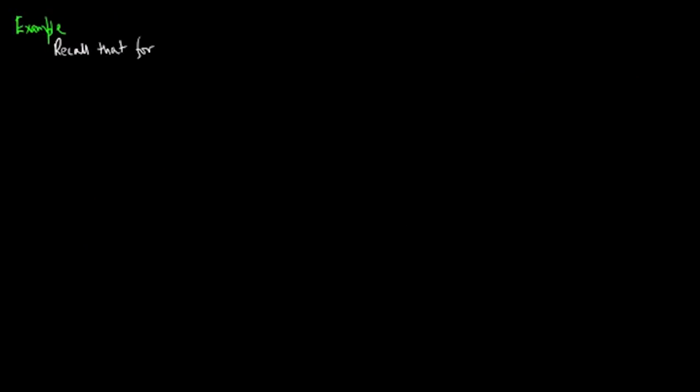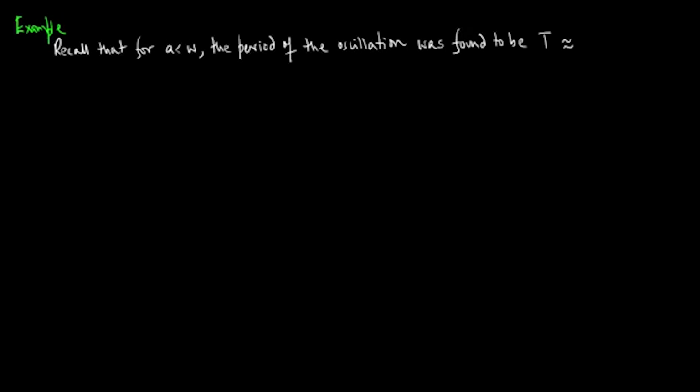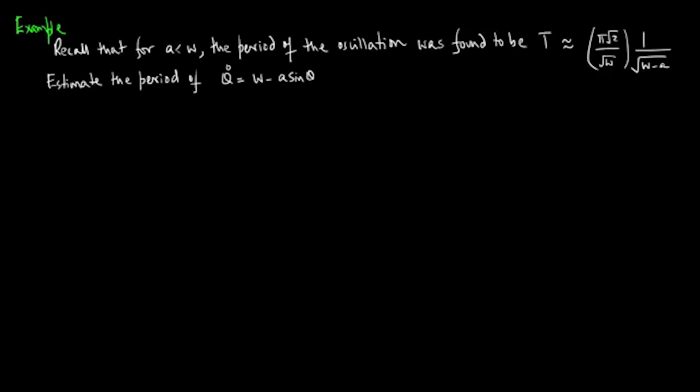Now let's consider an example. Recall that for a less than omega, the period of the oscillation was found to be capital T equal to pi times the square root of 2 divided by the square root of omega, times 1 upon the square root of omega minus a. We now estimate the period of theta dot is equal to omega minus a sine theta in the limit that a tends to omega from below, using the method of normal forms.